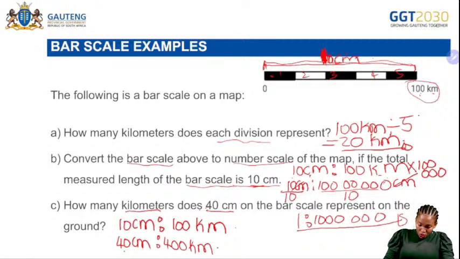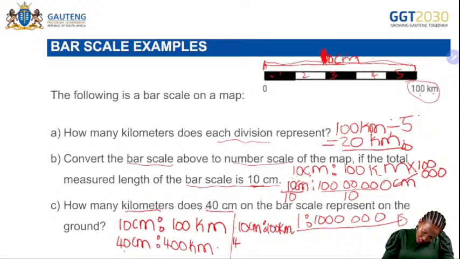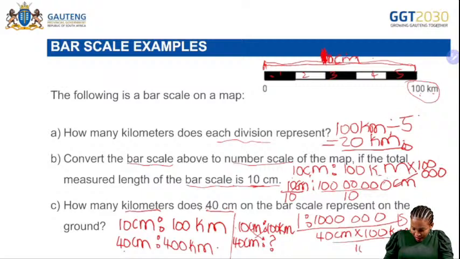Or if you want to do a calculation, you can use cross multiplication. Okay, 10 centimeters represents 100 kilometers. Now the 40 centimeters, it represents what? You can make a question mark and then cross multiply. Your answer is going to be 40 centimeters multiplied by 100 kilometers divided by 10 centimeters.